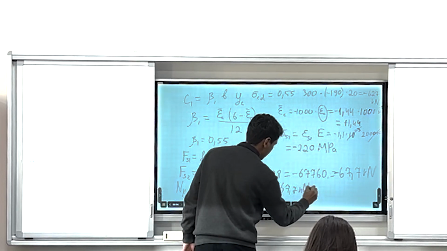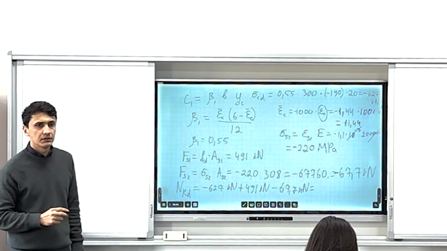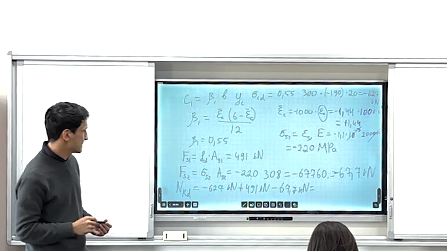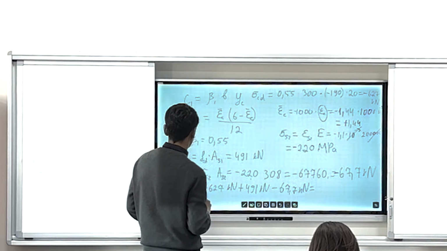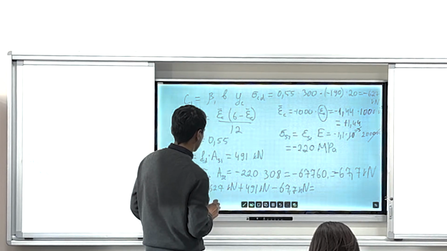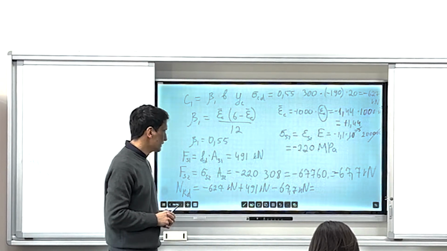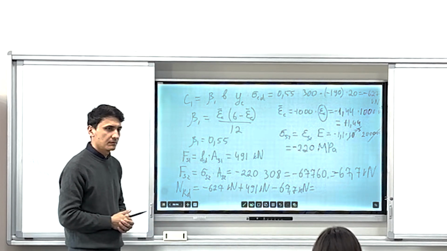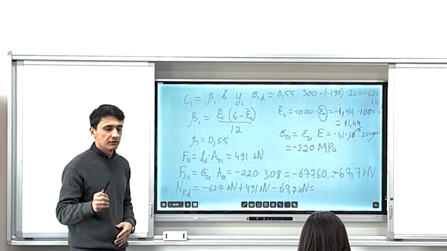Formula, plus or minus? Sorry, can you repeat? The formula was minus FS2. Minus FS2. Which formula did you give, I mean, for the neutral axis? It was C plus F1 minus F. No, that one.